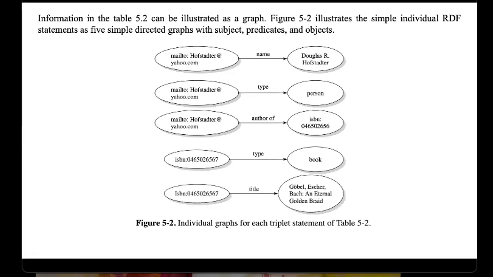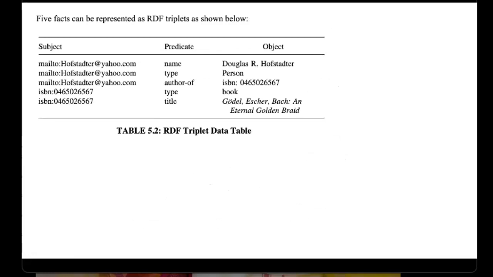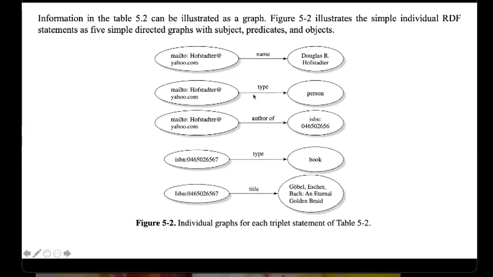Hofstadter at yahoo.com. Name, the arrow mark indicates the predicate, the direction, the edge name, and from here to here it is represented. Name Douglas R. Hofstadter. Type person, author with this number, type book, title this title. Same table format is represented in the graph.